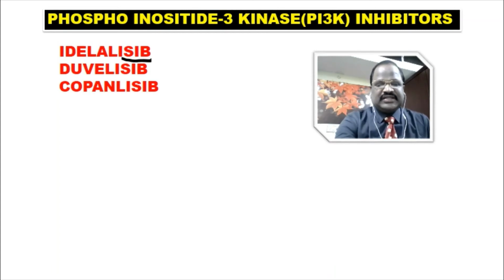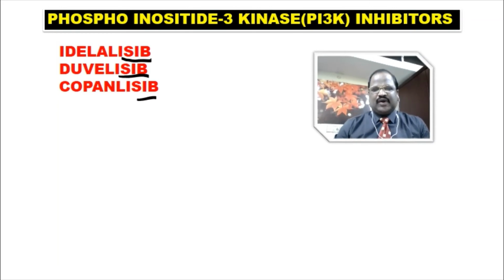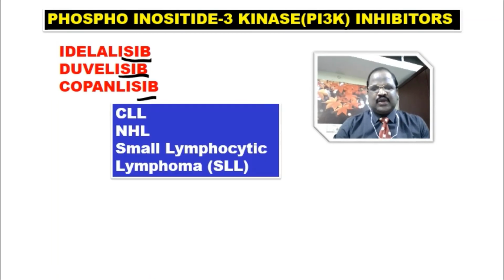All these drug names end with the suffix lisib. They are called PI3 kinase inhibitors, useful for treatment of CLL, non-Hodgkin's lymphoma, and also useful for small lymphocytic lymphoma.